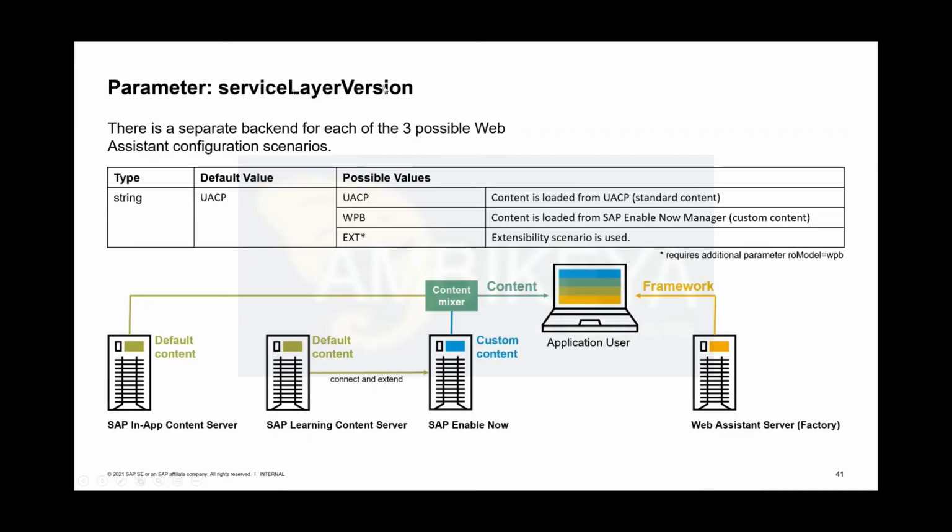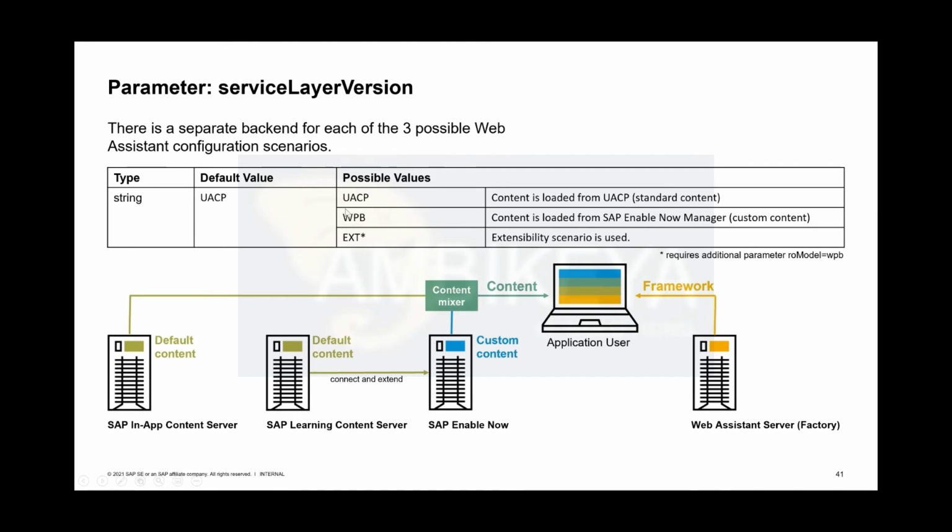So the service layer version defines the three possible Web Assistant configuration scenarios, which is UACP, the famous user blah blah platform, when content is loaded exclusively from there as standard content. WPB, nowadays replaceable by SEN, makes sense, right?